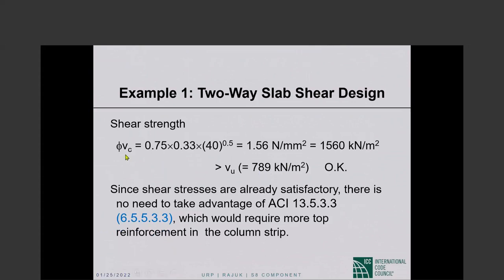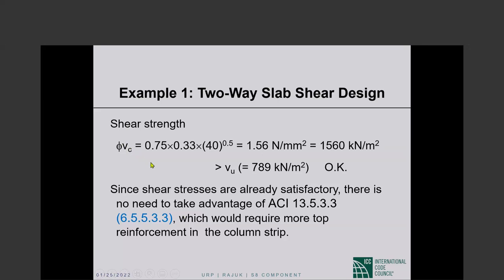The phi times V sub C, phi is 0.75, V sub C is the 4 square root that we calculated. So V sub C, this is punching shear strength of concrete, remember, given by 3 different formulas.